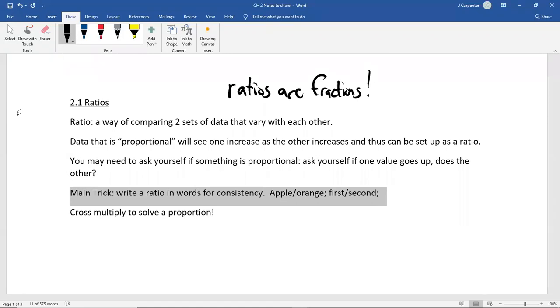Use your words. I can't tell you how many people make mistakes with these because they don't want to take the extra 10 seconds to write apple over orange, or miles over gallon, or students over teachers, or pens over, I don't know, elephants, whatever the two things you're comparing.